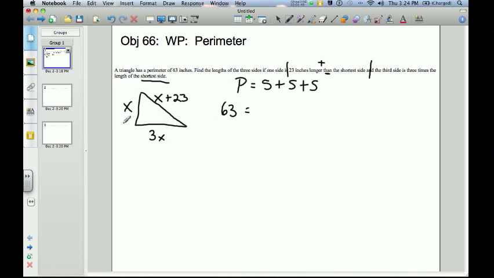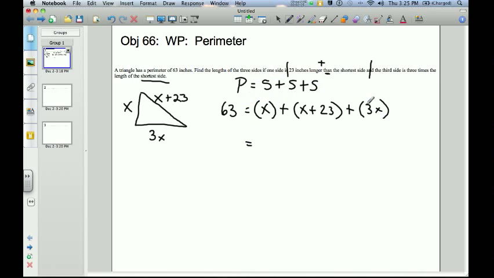So this is kind of what we're going to end with when we get our answer for our x to substitute in. So we're going to put in our sides that we have. We know that we have one side that's x. We have another side that's x plus 23. And we have the third side, which is 3x. And again, I'm just using parentheses to show you the sides for this.